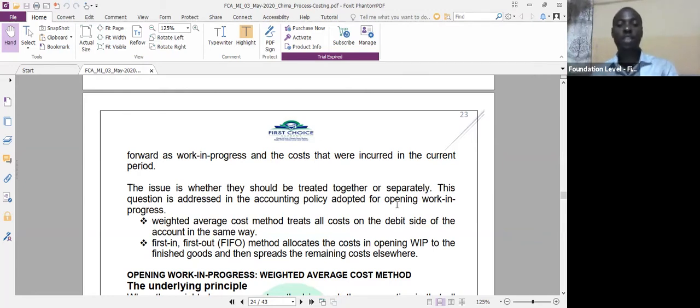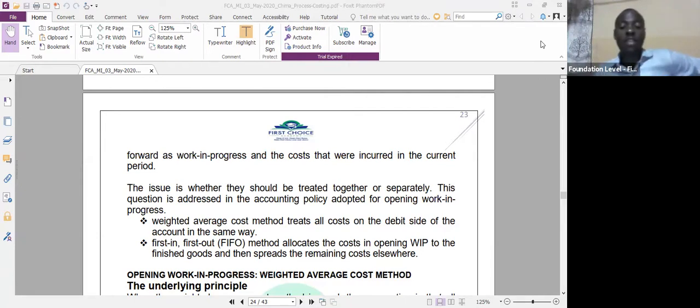Now, this issue, whether we are going to treat them together or separately, is addressed in the two methods we use to address work in progress opening stock. We have what we call the weighted average method, which is also called WAM. Then we have FIFO, first in, first out.